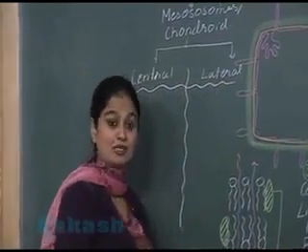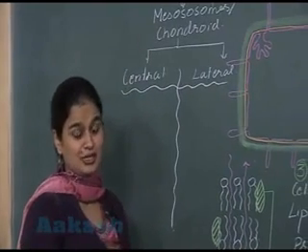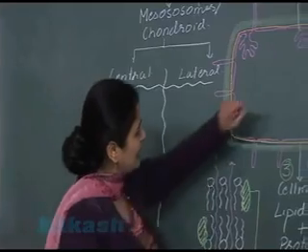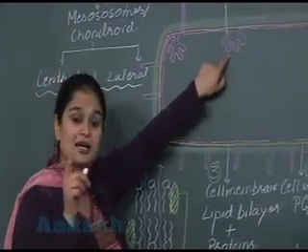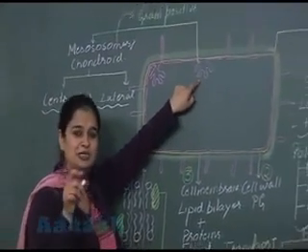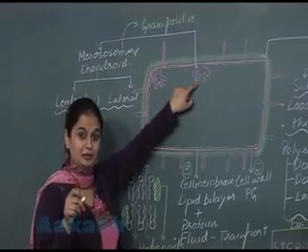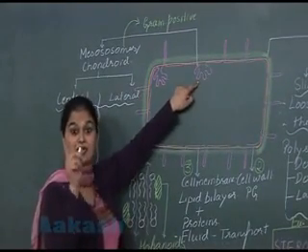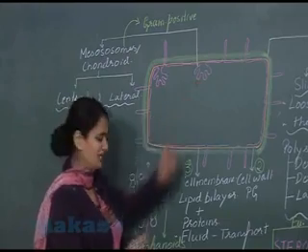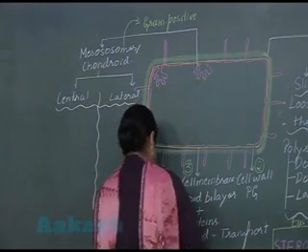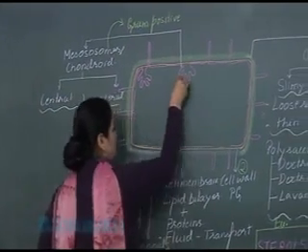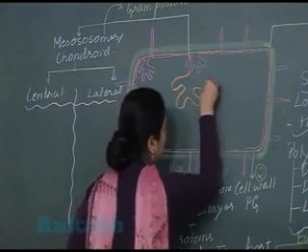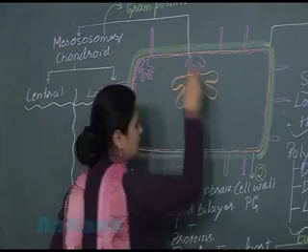So now we have to see what are the functions associated with these mesosomes. With the central mesosome, there is attachment of the nucleoid. Nucleoid is the primitive nucleus present in bacteria, right? So to the central mesosomes, there is attachment of the primitive nucleus.